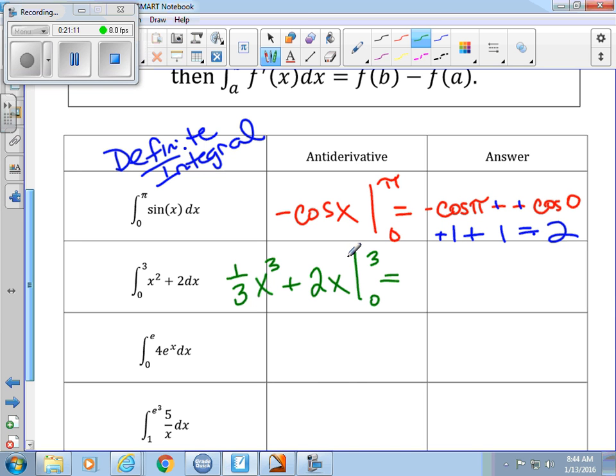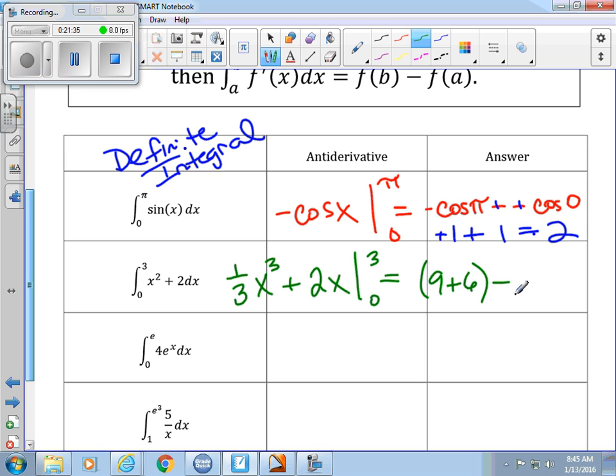That makes sense. Okay. 3 cubed is 27. 27 divided by 3 is 9. 9 plus 6, that's the first part. I know it's silly for me to write it down, but I'm going to do it. What am I going to do second after I plug in the 3?